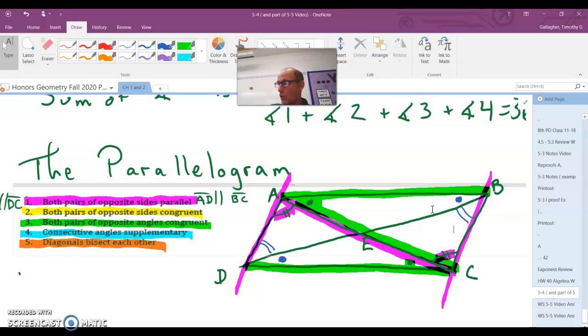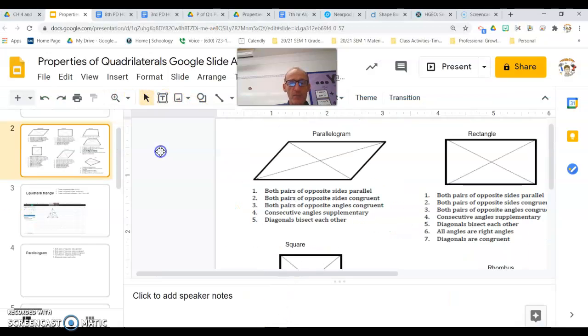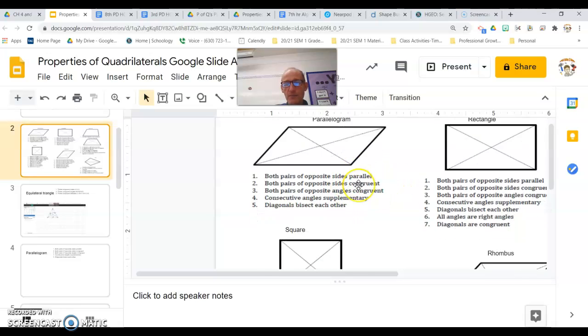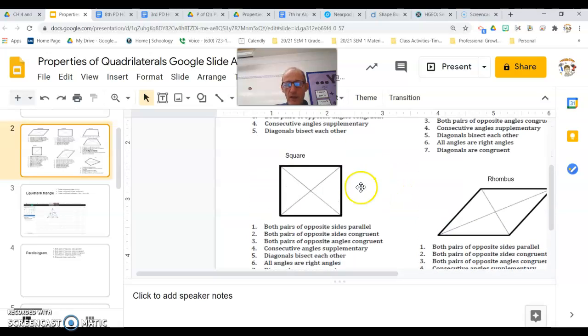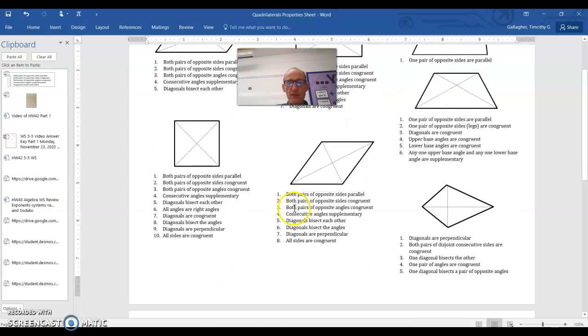Now, the quadrilaterals, the 7 special quadrilaterals, have some things in common. And just looking at this sheet right here gives us an idea of how they're connected, okay? And also, this sheet here gives us an idea of how they're connected too.